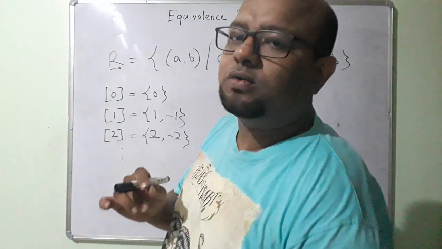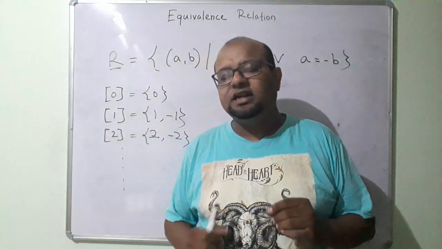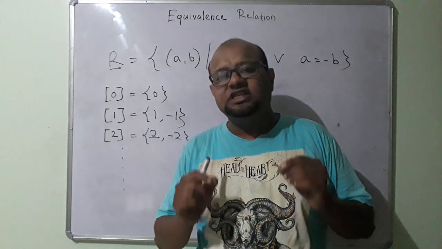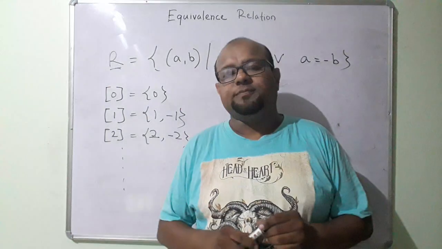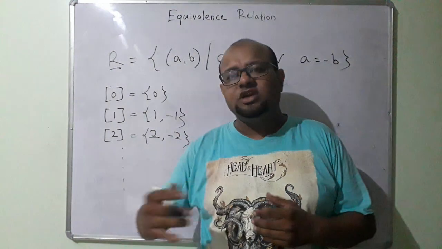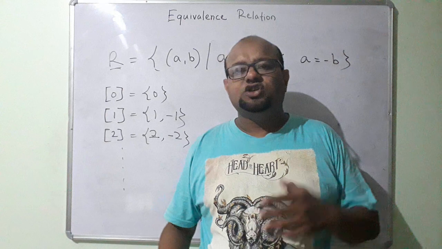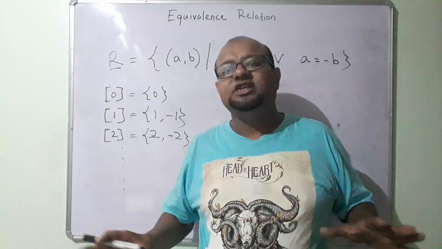The thing that I am trying to point out once again is that some equivalence relation will have a certain number of equivalence classes, and all these equivalence classes will be disjoint.